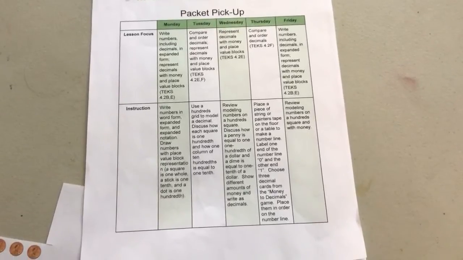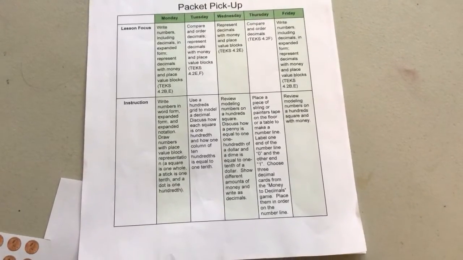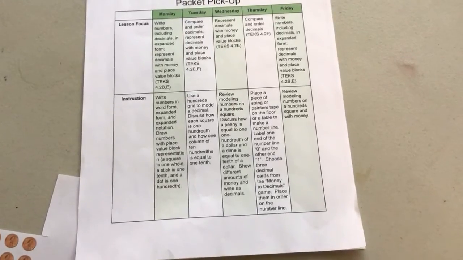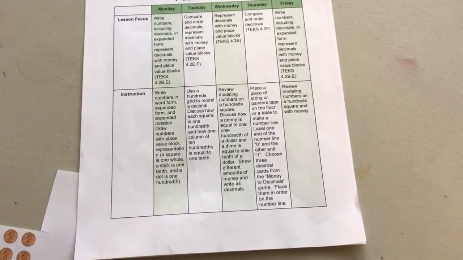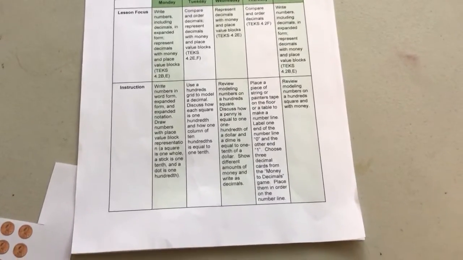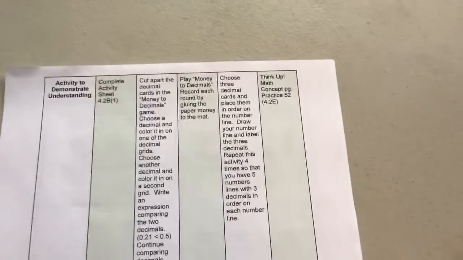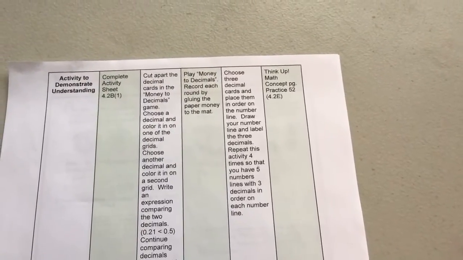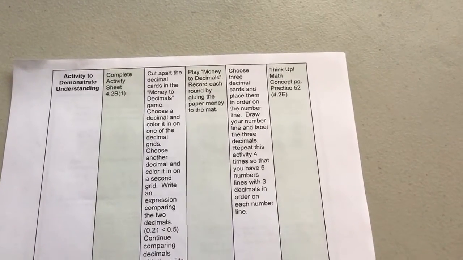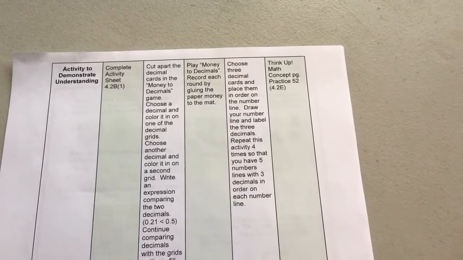We are going to review modeling numbers on a 100 square, discuss how a penny is equal to 1/100th of a dollar, and a dime is equal to 1/10th of a dollar. Show different amounts of money and write them as decimals. And specifically, it says we are going to play the money to decimals game. Record each round by gluing the paper money to the mat.